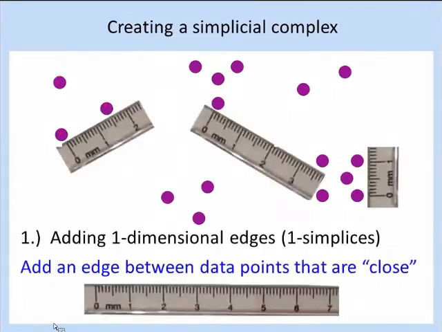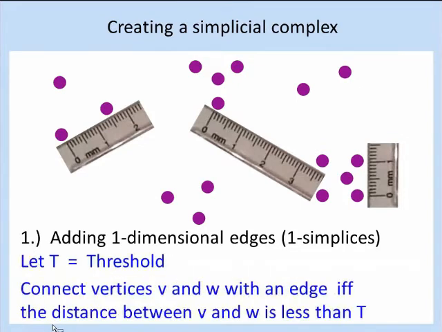Then our next step is to add our one-dimensional edges based upon some idea of closeness. In this case, I've got them plotted so I can measure the distance, but as long as you've got any idea of closeness, that will work. We have to, though, be specific about closeness, so we will choose a threshold and we will connect an edge if the distance between our two vertices is less than our threshold.